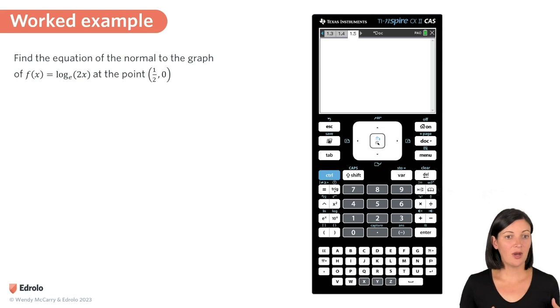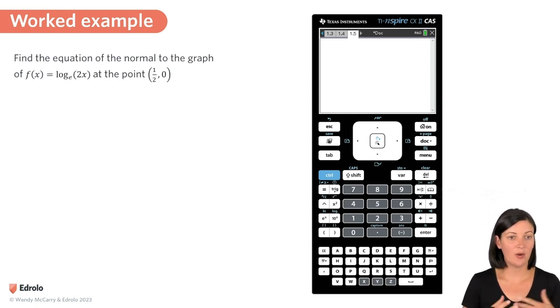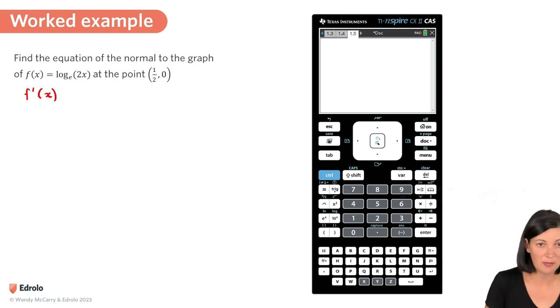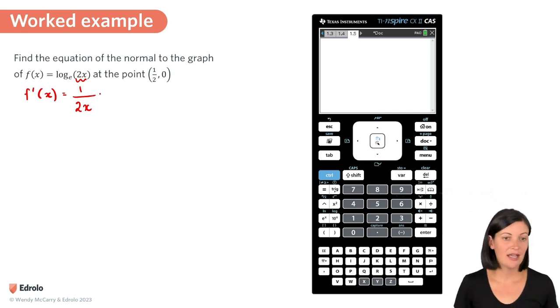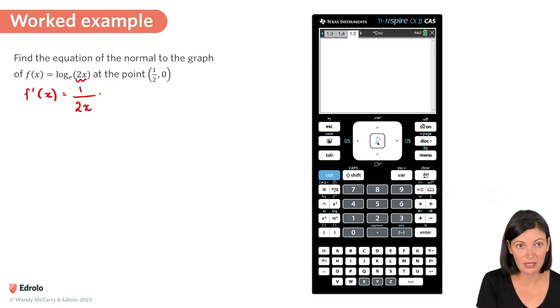Okay, find the equation of the normal line to the graph f of x is equal to log of 2x base e at the point 1/2, 0. All right, so we need to remember that to calculate the derivative of log base e, it's just 1 over 2x, times, so we're using the chain rule here, the derivative of whatever's inside those brackets.